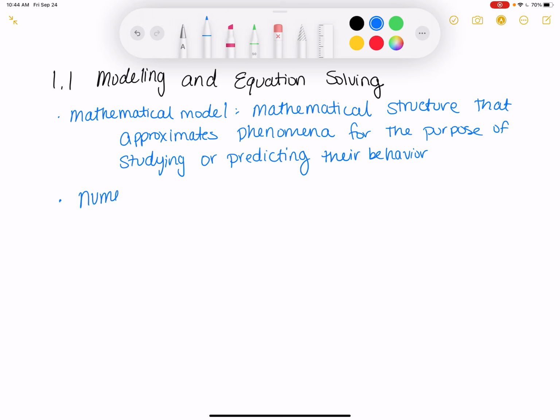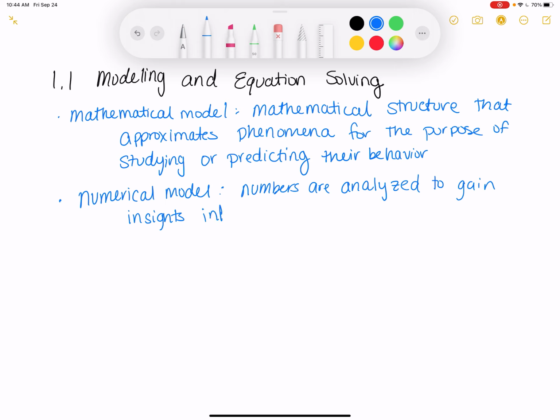A numerical model, the numbers are analyzed to gain insights into the phenomena.